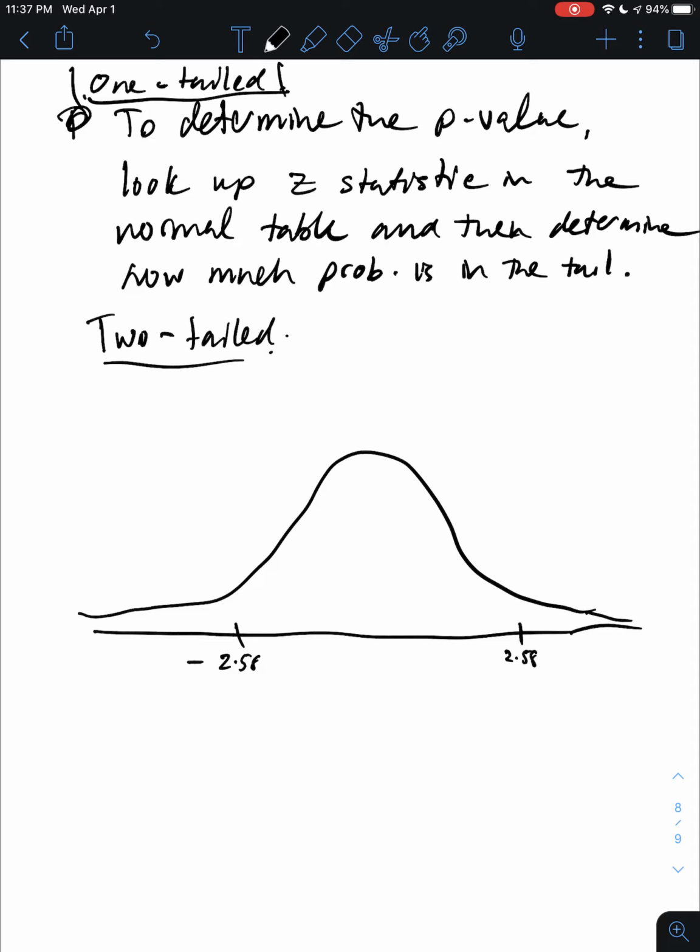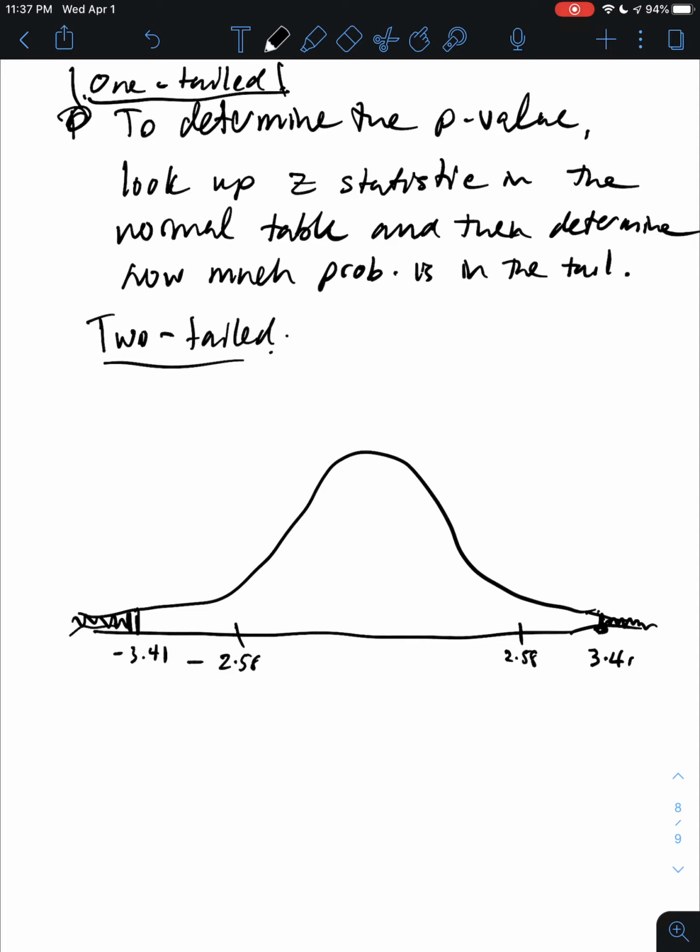This was our rejection region. It still came within the rejection region. But what we do is a little strange, and there's good reasons for it, but I don't want to go into all the details. I have to make everything symmetric in the two-tailed situation. So I have to find the mirror image of this. It's at negative 3.41.